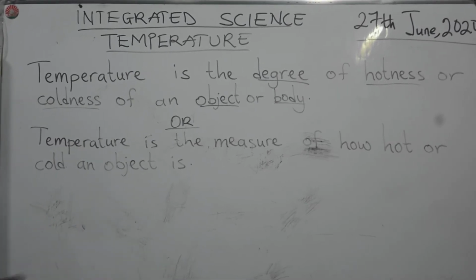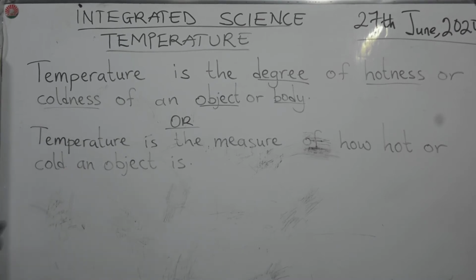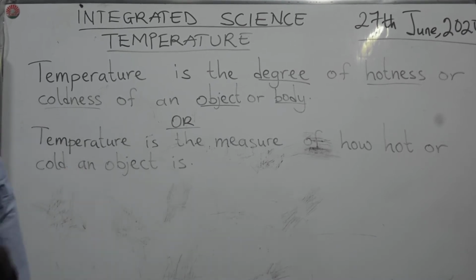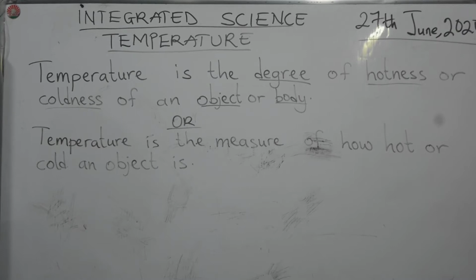This is a very simple definition. You can choose any of them should in case mommy, daddy, uncle, or anyone in the world ask for the definition of temperature. I hope that is clear. Good.